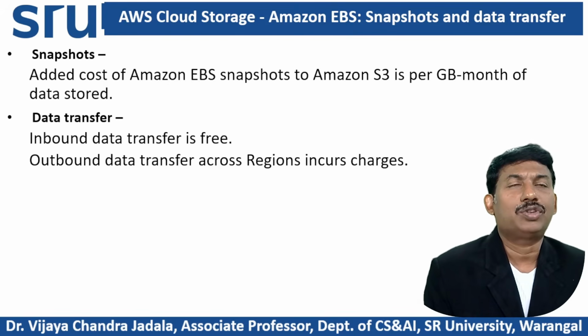Then snapshots: snapshots of EBS, elastic block storage, are stored in S3, charged per GB-month of data stored. The billing will be related to how many snapshots you have stored and how much S3 data you have stored, and that will be calculated.